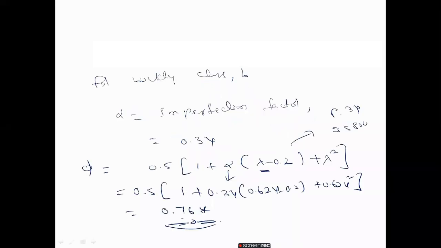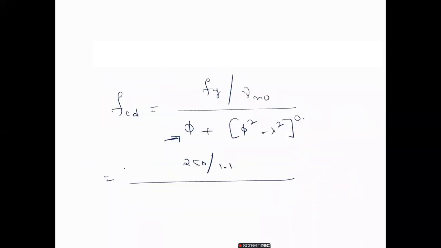The phi value we just calculated is 0.767. So 0.767, again 0.767 whole square minus lambda value 0.624 whole square, power 0.5. Once we calculate this, we will get the fcd value, the design compressive stress. The fcd value we will get is 187.36 Newton per mm square.